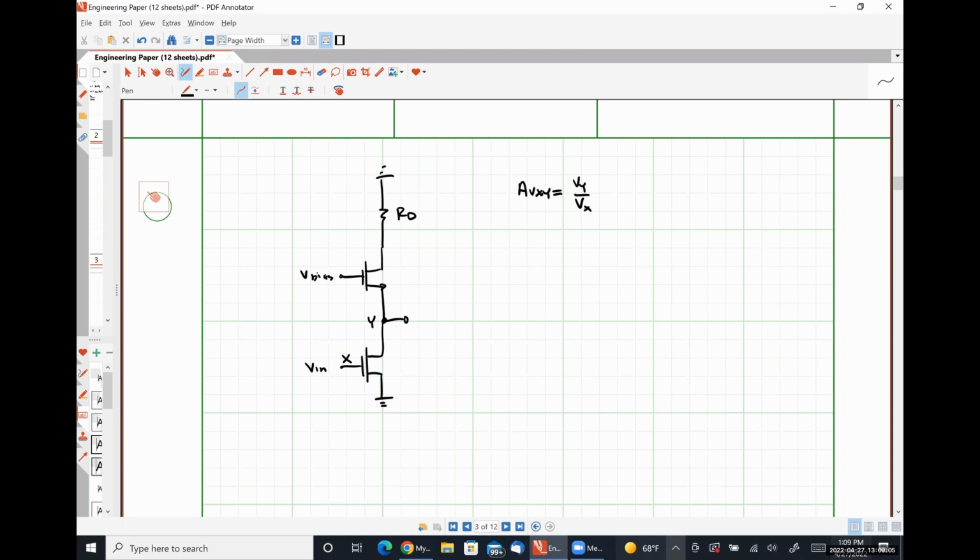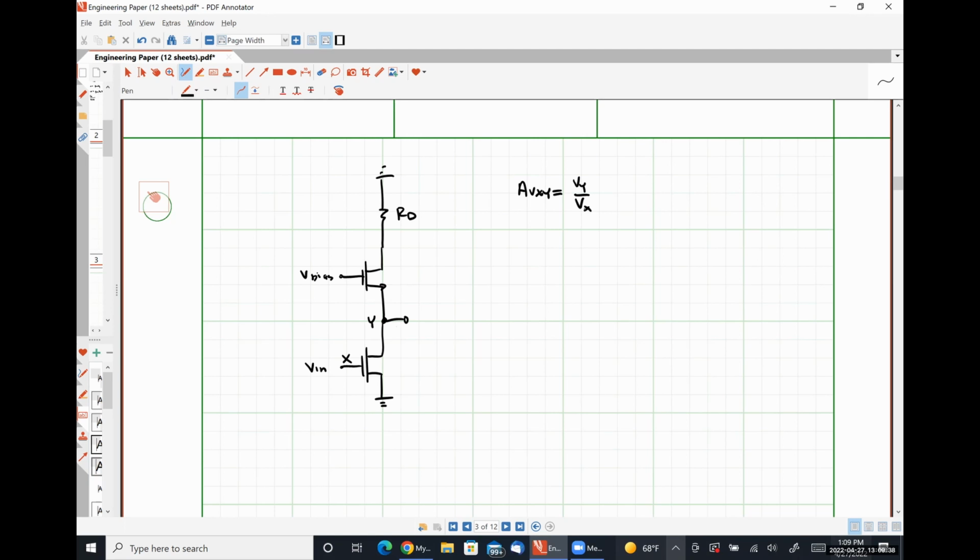The easiest way, I think, that we could do this would be to utilize that short circuit transconductance technique that we've done previously, where we would have negative capital GM multiplied by the output resistance seen looking in here, because that's exactly what we're trying to find, that relationship between those two nodes, which is the voltage gain of this system as we've drawn it.